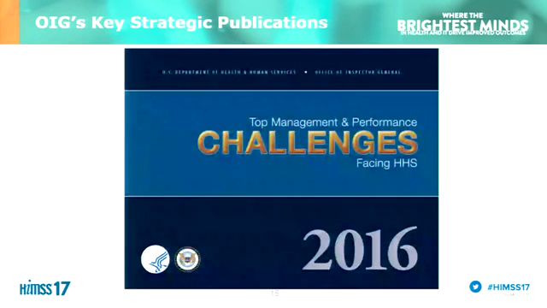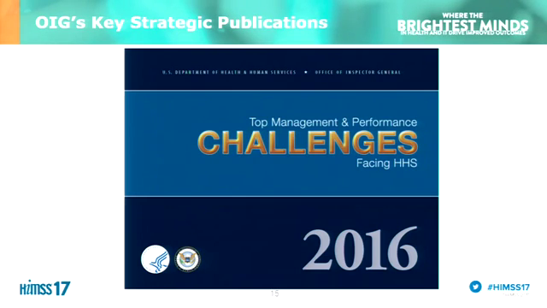So next I'll move on to our top management and performance challenges document. Every OIG does something like this. If you're familiar with GAO's high risk list, this is our version of the high risk list. We are required to generate this analysis.